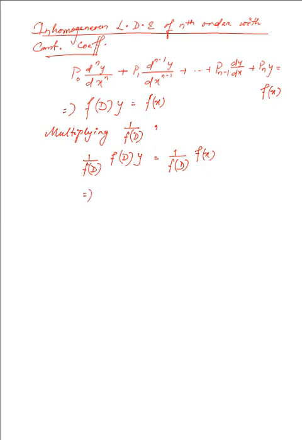So these operators will obviously cancel out each other, f(D) in the denominator and f(D) at the top. We are left with y only on the left hand side, and on the right hand side we have 1 upon f(D) f(x). This 1 upon f(D) is what we term as the inverse operator.